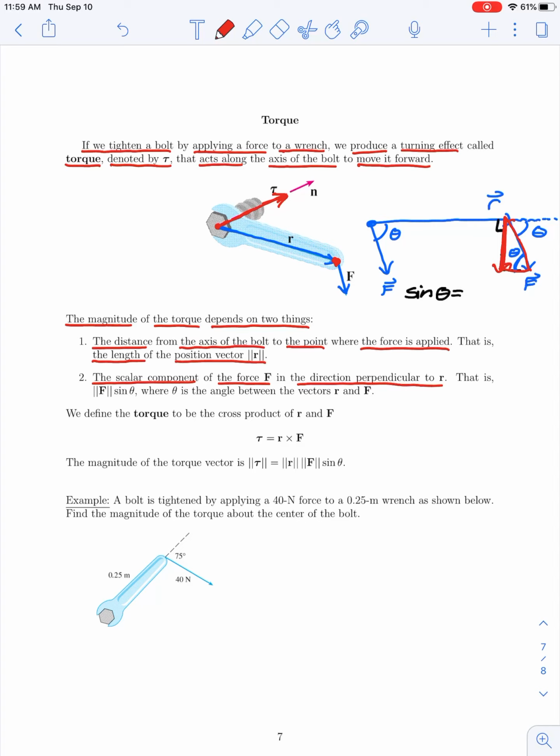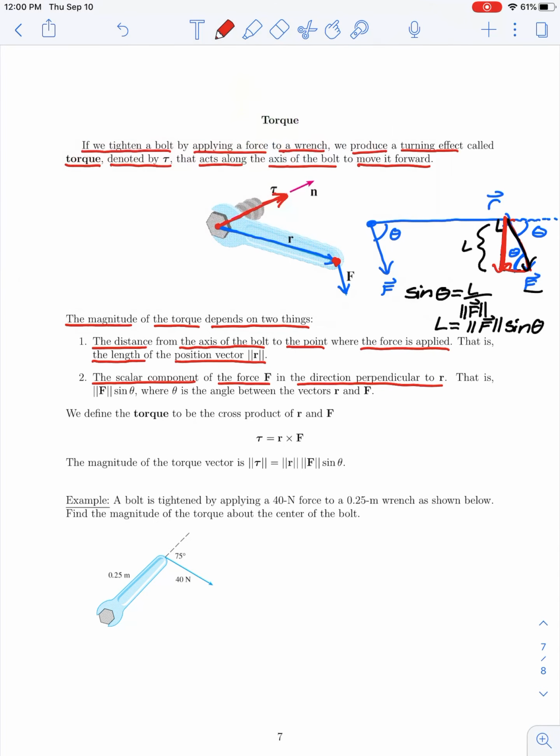So sine of theta, defined in terms of the sides of that triangle, would be the length of the opposite side here, which is what we're interested in, let me call this quantity L, divided by the length of the hypotenuse of this triangle, which would be the magnitude of that force vector F. Solving for L, this quantity we're interested in, we would have the magnitude of F times sine of theta.